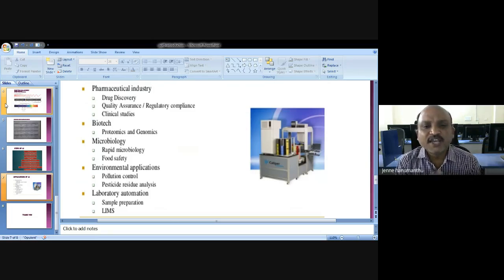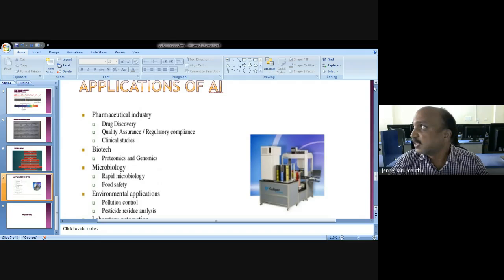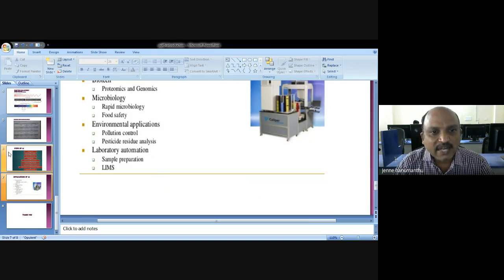Lastly, where is this analytical instrumentation going to be applied? So these are the applications of analytical instrumentation, the last slide. This analytical instrumentation can be applied on the pharmacy side, pharmacy and biotechnology sites, microbiology sites, environmental applications, and laboratory applications.